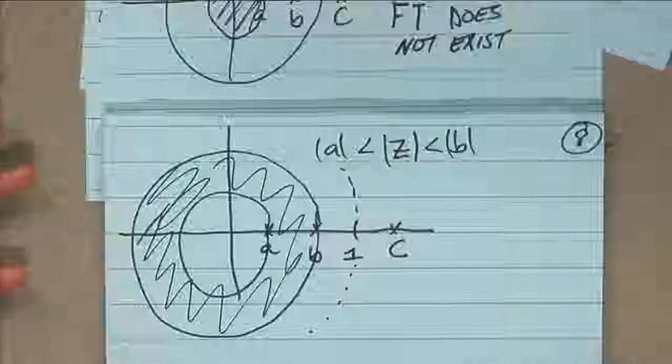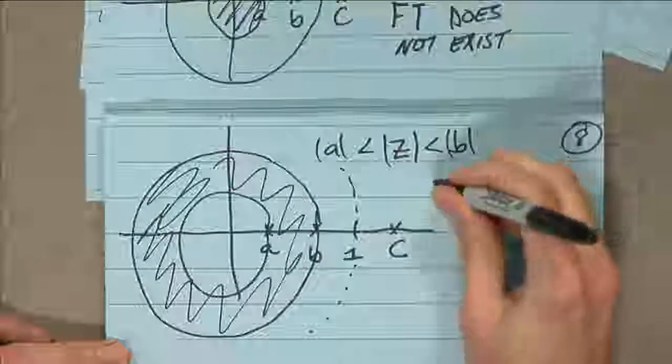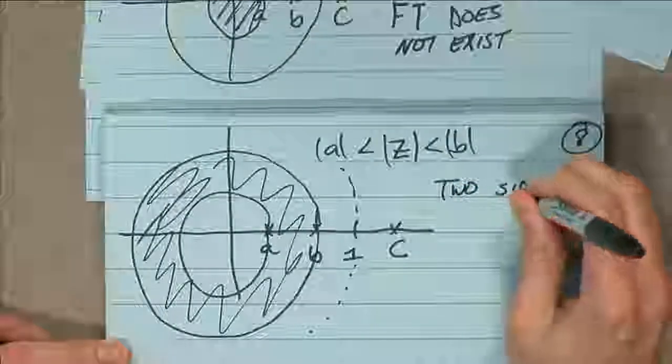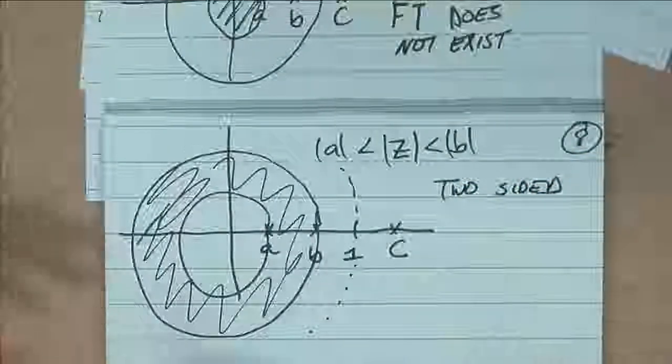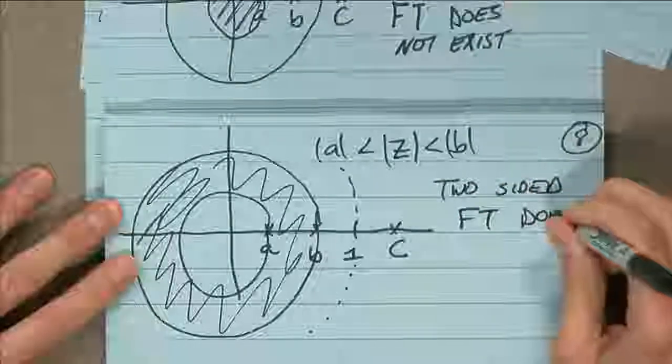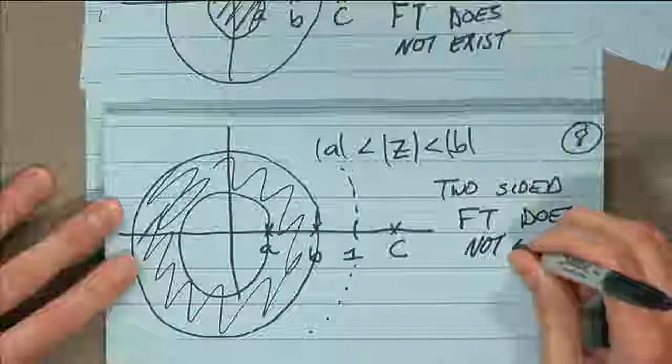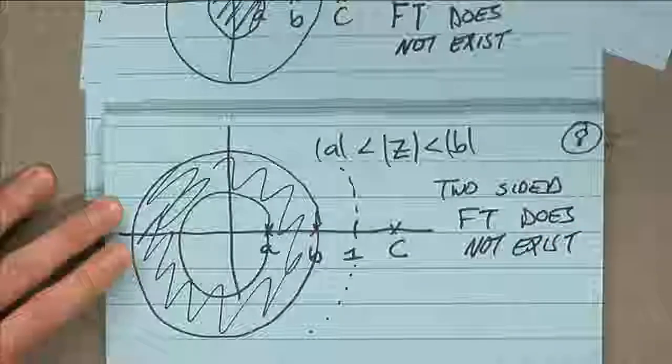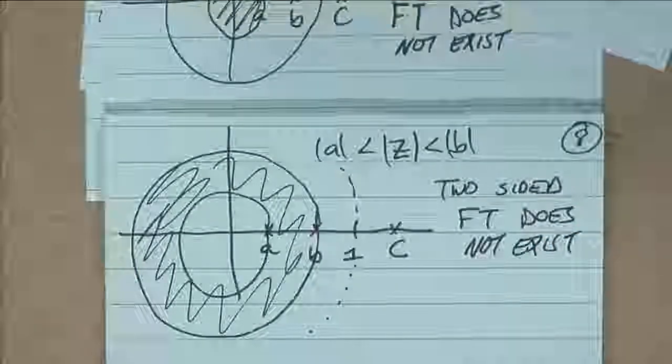We know it's two-sided because it's that annular region, so the sequence is two-sided. And we also know that the Fourier transform does not converge absolutely, so the Fourier transform does not exist in this case. I'm just trying to cycle through applying the rules to all these possibilities.